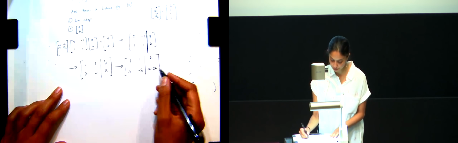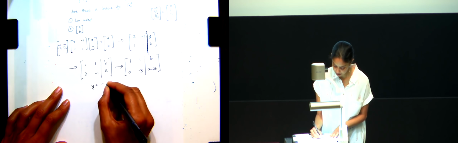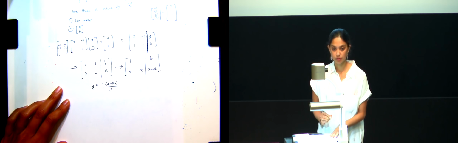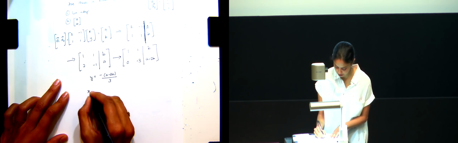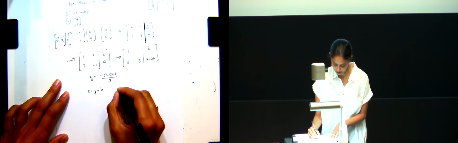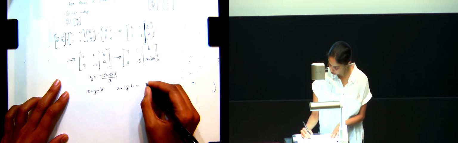So now what does this give me? This gives me that y is equal to (-a - 2b)/3. And then x + y is equal to b, I get this from the first row. So x is equal to b minus y.